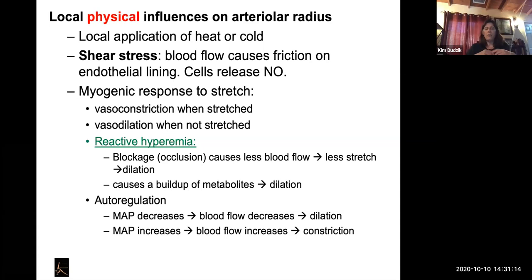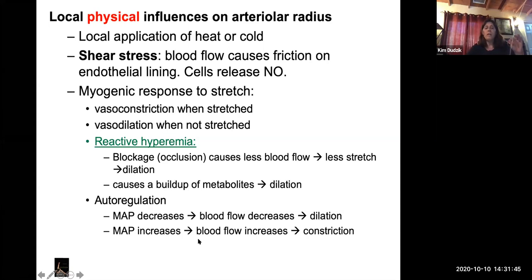Now, what happens if your mean arterial pressure increases? Again, that's going to cause blood flow to increase. Higher pressure means more flow. That then will cause constriction. We don't want too much blood flow going to our tissues because those capillaries are really delicate. They're one cell layer thick. So too much pressure, too much flow can actually break them, especially in organs like around your eyes and your kidney.